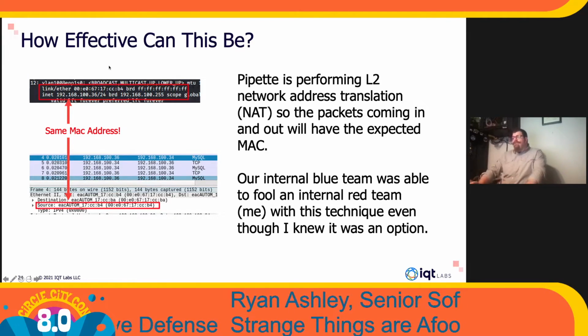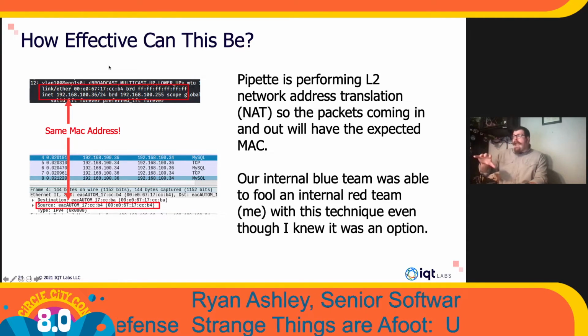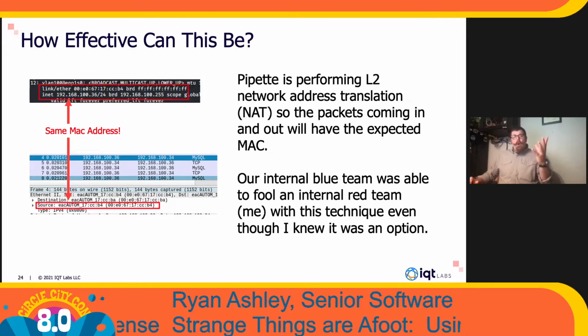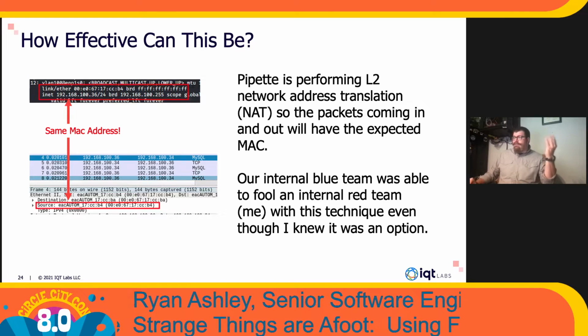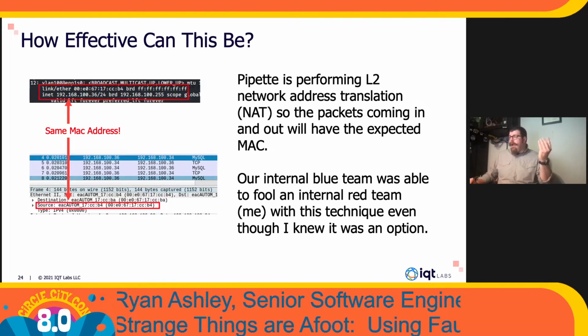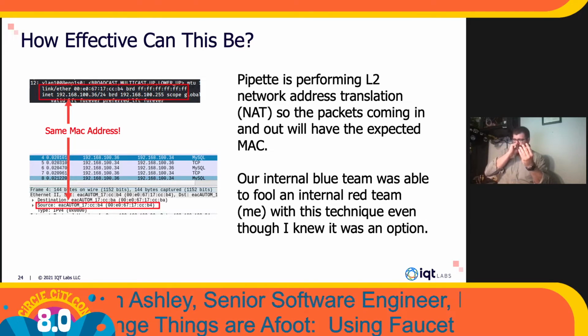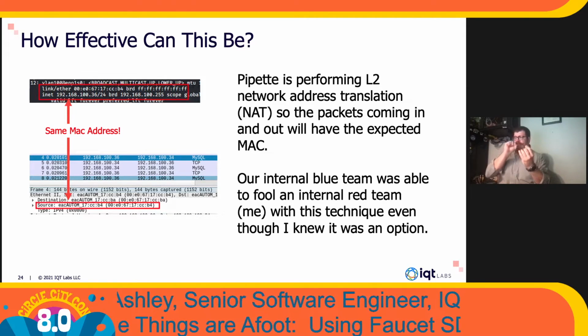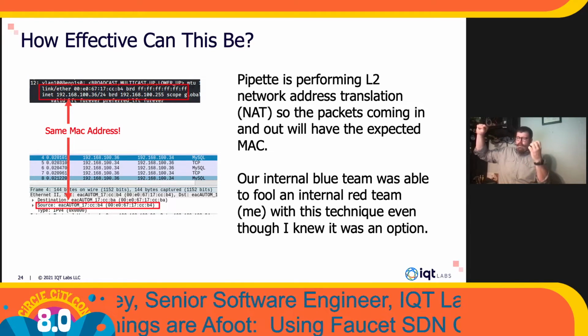And so what we're actually doing under the hood is NAT at L2. So you've got a packet. It's got its source IP and source MAC. It comes into the coprocessor. The coprocessor grabs that source IP and source MAC, stores them off to the side, okay?